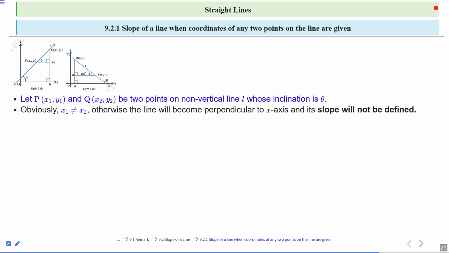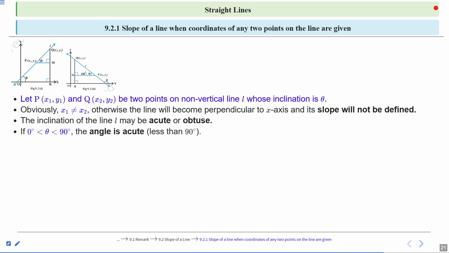So take x1 not equal to x2. The inclination of the line L may be an acute angle or an obtuse angle. What is an acute angle? If theta lies between 0 degree and 90 degree, then theta is called an acute angle.